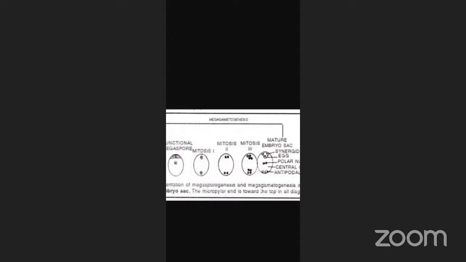The nucleus of the functional dyad undergoes meiotic division 2, forming two nuclei. These two nuclei move to opposite poles along the axis, separated by a vacuole. These two nuclei divide to give four and finally eight nuclei.